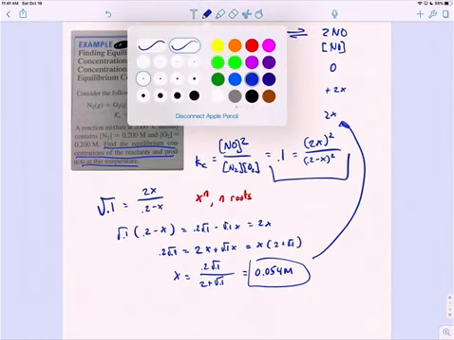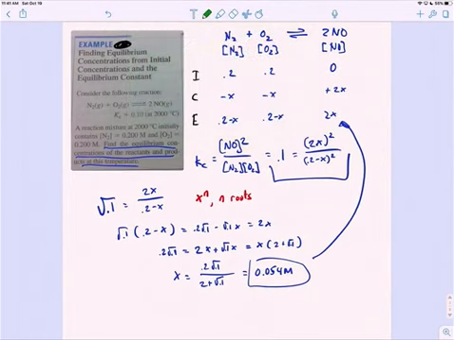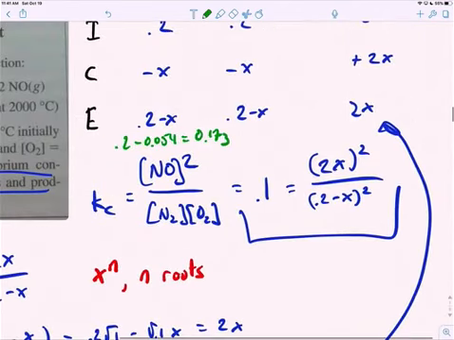I'm going to change colors to green. This is going to be 0.2 minus 0.054. That is going to equal 0.173. And the same thing with the oxygen. It's going to be 0.173.